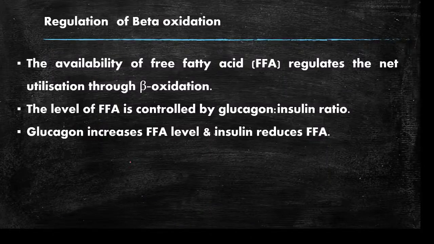Regulation of beta oxidation: the availability of free fatty acid regulates the net utilization through beta oxidation. The level of free fatty acid is controlled by the glucagon-insulin ratio. Glucagon increases free fatty acid level; glucagon is released more when glucose level is low.